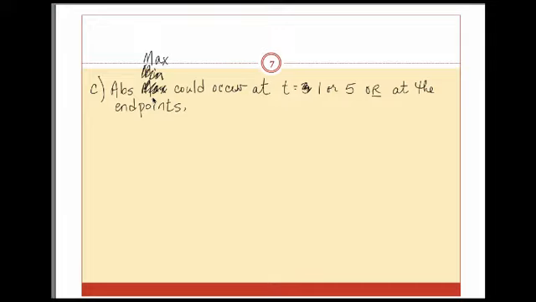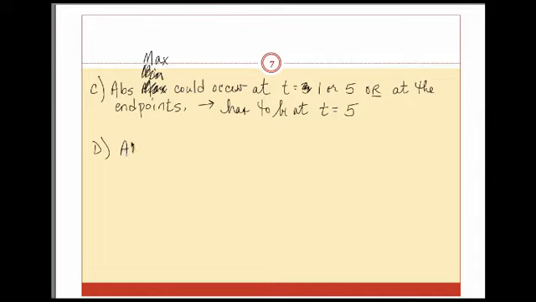But as you move past 5 to maybe 5.1, 5.2, now it dips below the x-axis, so you're taking area away. That makes the area at those points less than the area you had at t equals 5. So the absolute maximum has to be at t equals 5. If you need to hear that again, you can go replay it.